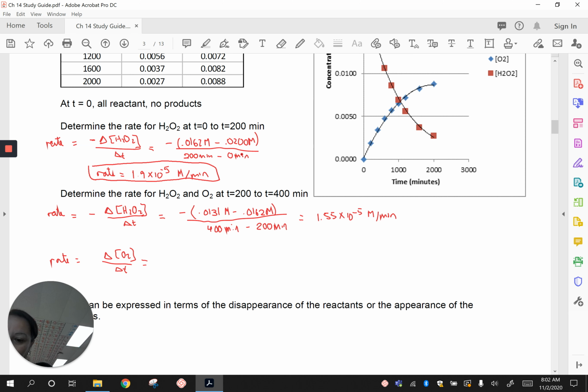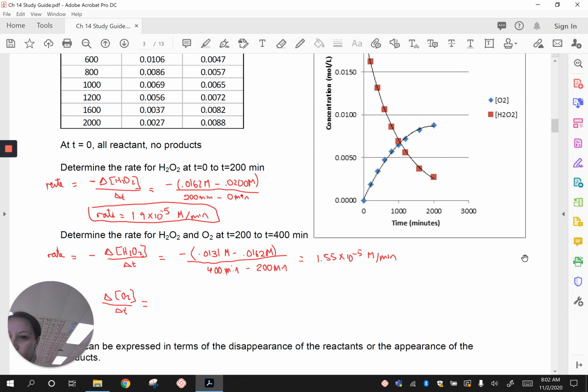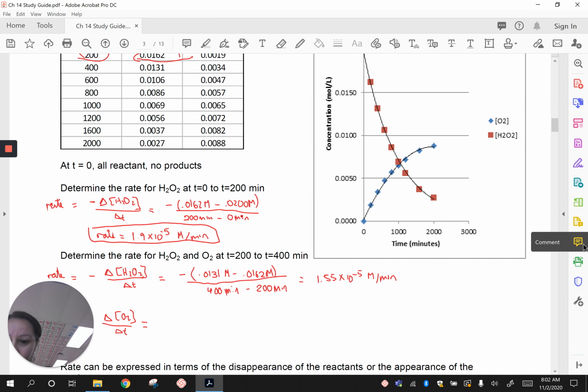We don't put a negative there because the oxygen is, we say, appearing or forming. 400 for oxygen is 0.0034 molar minus 0.0019 molar at 200 minutes. And this gives us 7.5 times 10 to the negative 6 molar per minute.